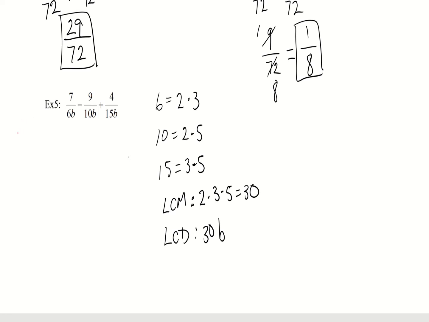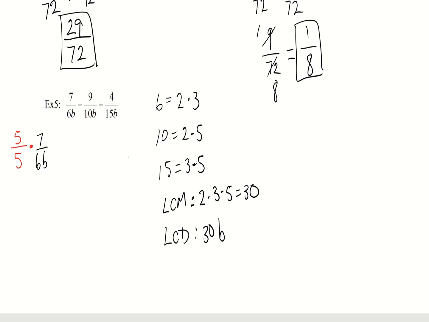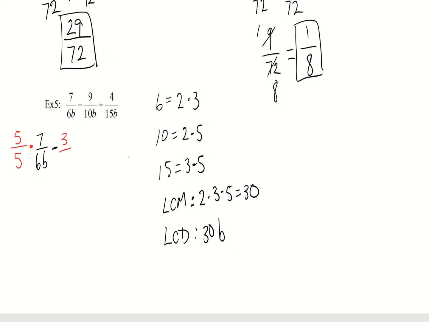So that first one, we're going to multiply both the numerator and the denominator by 5, because again, multiplying by 1 in some form does not change the problem. So that's going to be 5/5 times 7/6b. Then minus, let's multiply the 3/3 times the 9/10b.